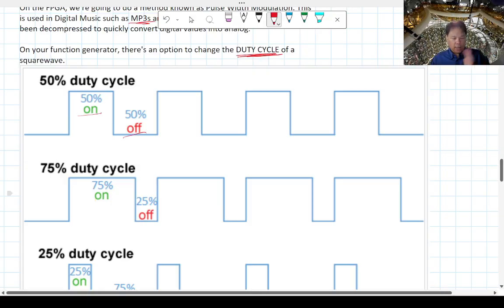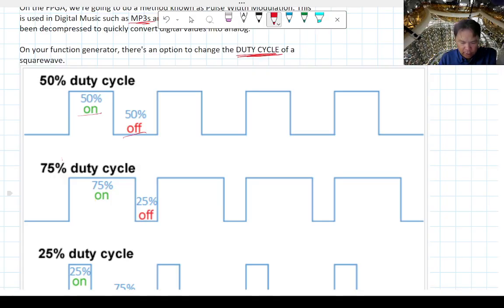You can increase that. If you have a 75% duty cycle, that means the pulse is high 75% of the time and low 25% of the time. Notice that this doesn't change the frequency. These upswings still line up, so it's still the same frequency wave, but it determines how often the voltage is in its high mode versus low mode.